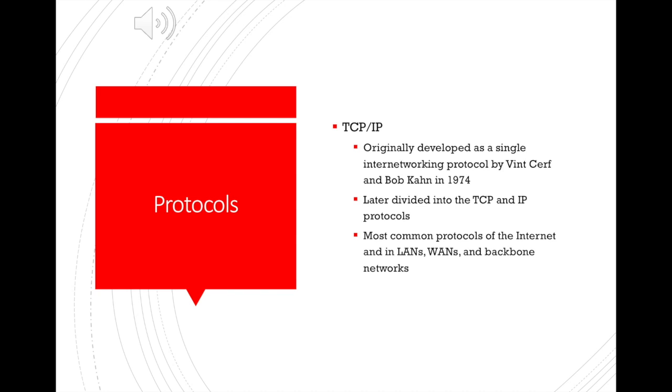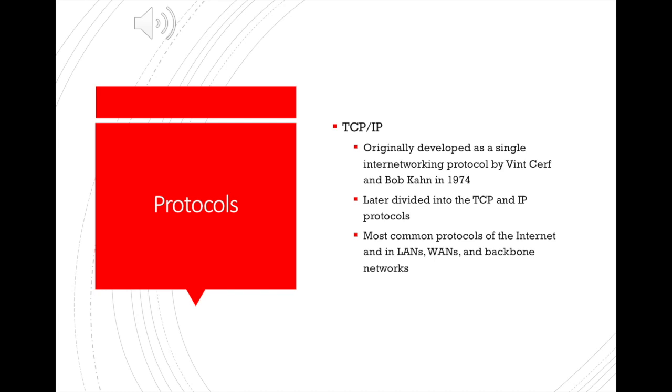The TCP/IP protocol actually exists at two different layers. The TCP protocol exists in the transport layer, and the IP protocol exists in the network layer. So together, you commonly hear the term TCP/IP, and that's how that term gets derived.